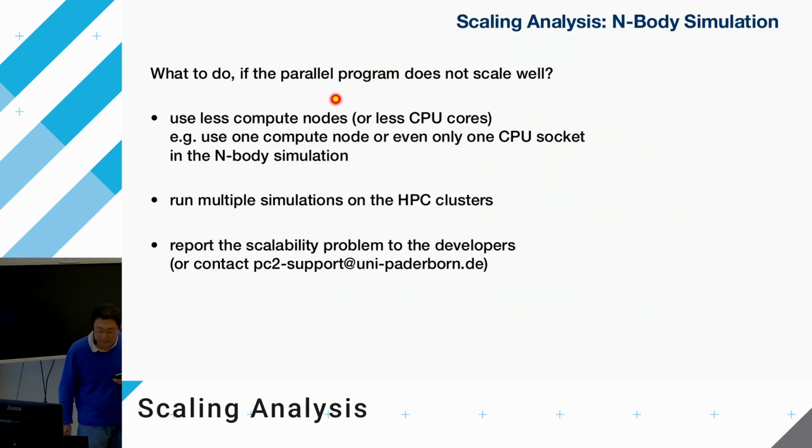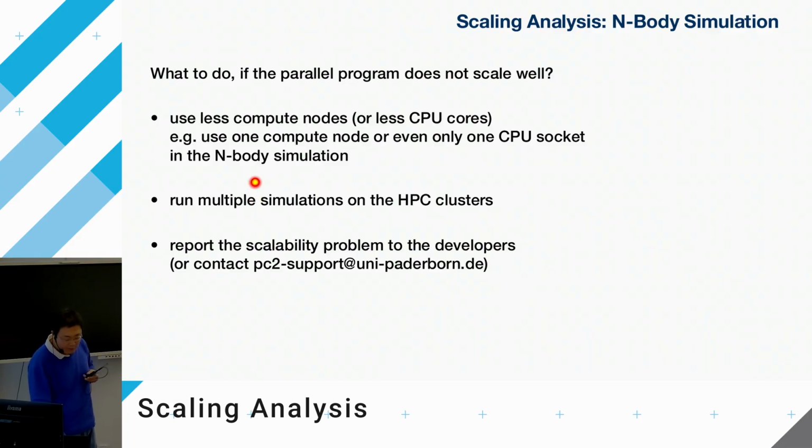So what to do if your application does not scale? This is, I think, the most important question you would like to ask. A simple solution, or a solution for a poor man, is to use fewer compute nodes or even fewer CPU cores. Because if more CPU cores do not help, why not use fewer CPU cores? For example, use one compute node or even only one CPU socket.